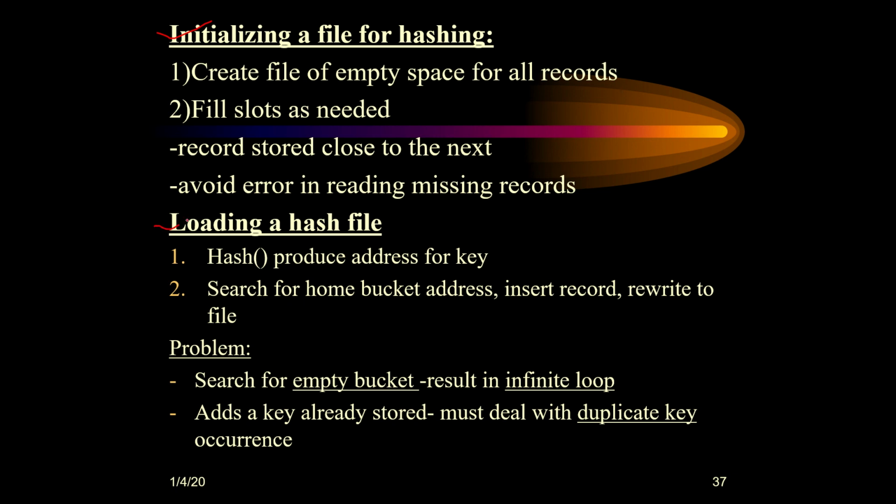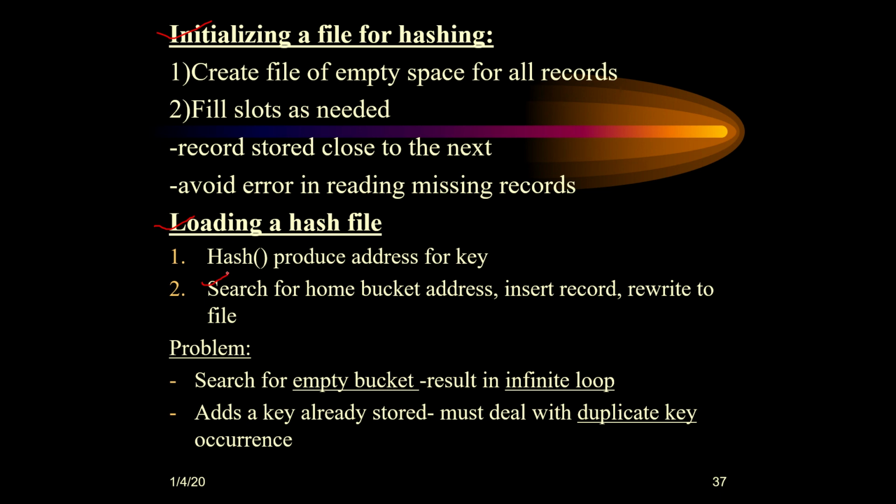So the next one is loading a hash file. For loading a hashed file, the first method is I need to do a hashing process over a key and find an address so that I can place the key onto the fixed address, which is found by the hashing method. So that is the first method. And the second one is to search for a home bucket address, insert the record and rewrite.